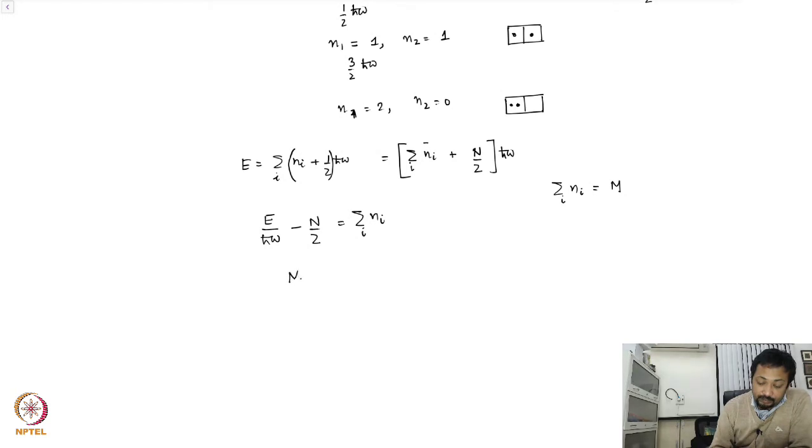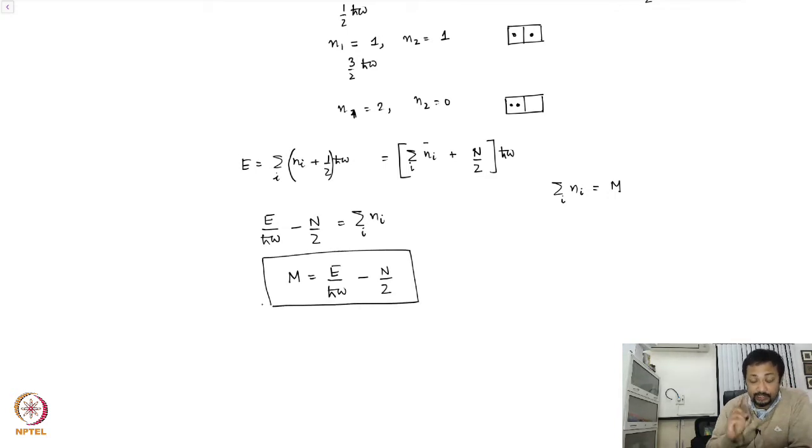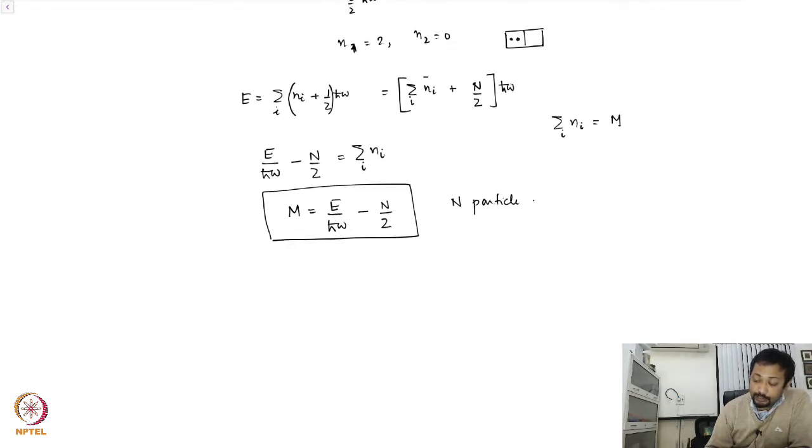So I have m is equal to E over h bar omega minus n by 2. Now the idea is with n particles, the entropy or the total number of microstates omega is going to be a function of E, m and n.